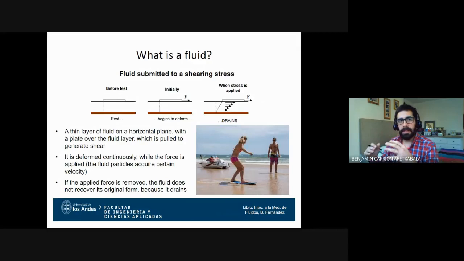All of those forces are measured as force per unit area, so they have the same unit of pressure, but they act in different directions. Pressure acts normally to the surface, as we're going to see later on, but shear stresses act tangential to the surface. So they are similar, but not exactly the same.